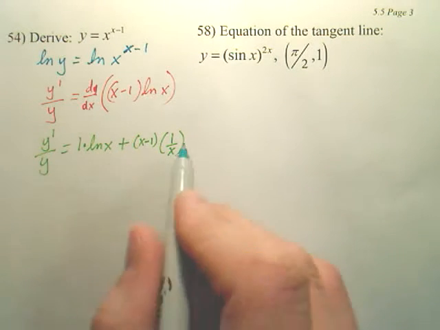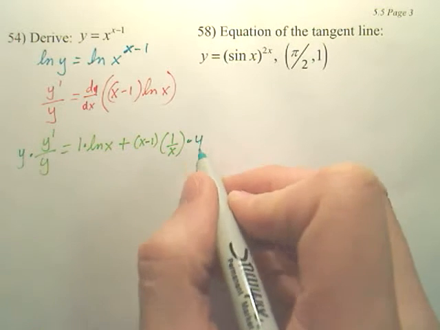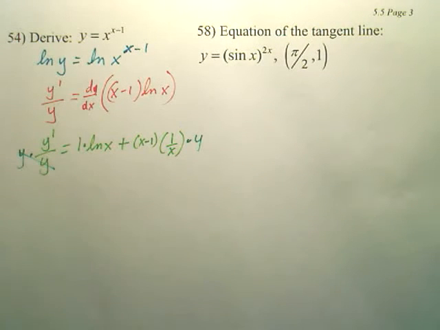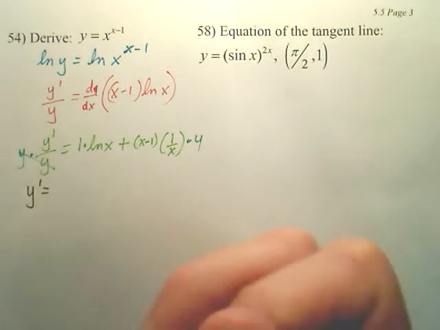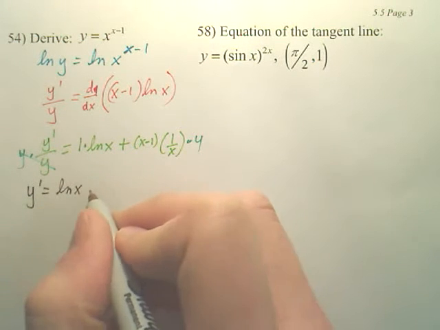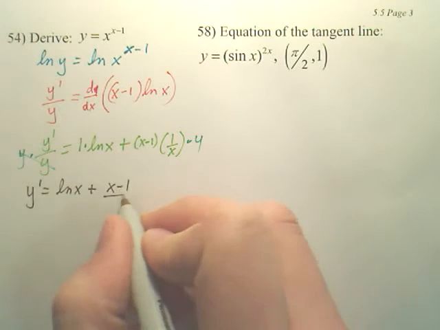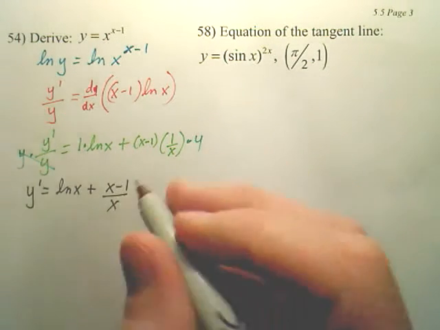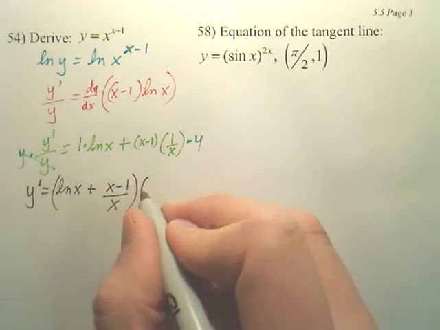Now, I can simplify this, and I have to multiply both sides by y, because I got to get y prime by itself. So I now have y prime equals ln x plus x minus 1 over x, all of that times, what's y?